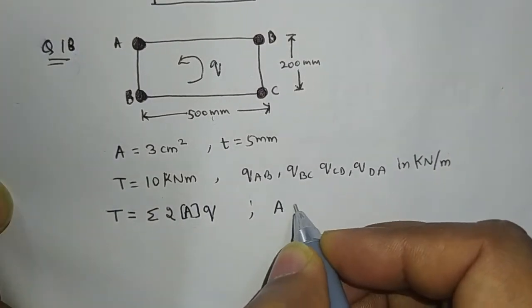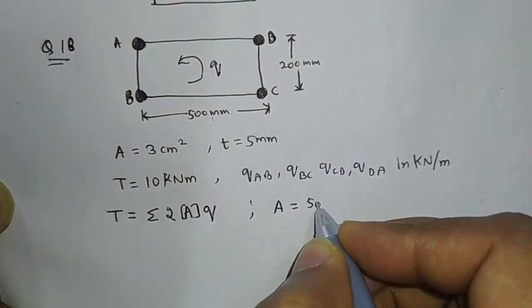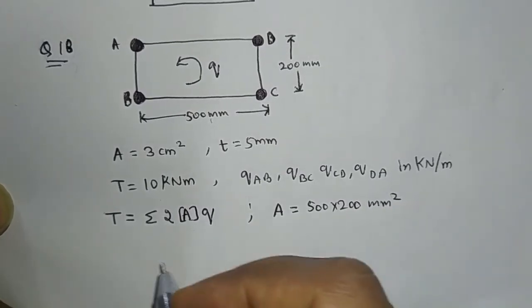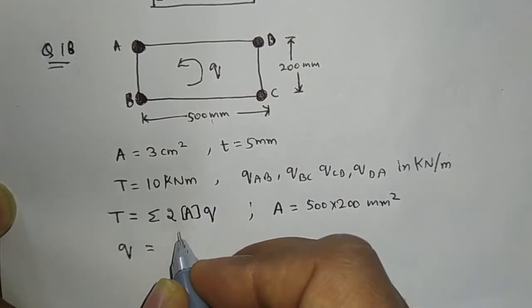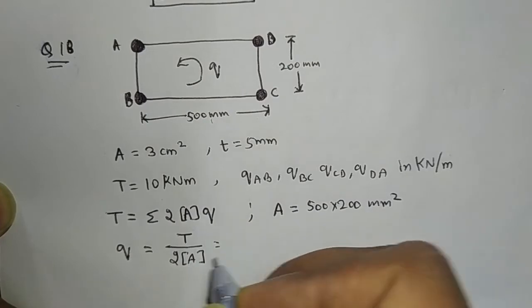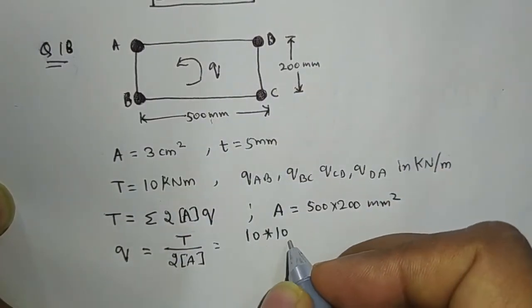Area can be calculated by simply 500 into 200 millimeter square, and we can find the shear flow as T divided by 2A, where A is the area of this closed section, and the torque is 10 kilonewton meter.